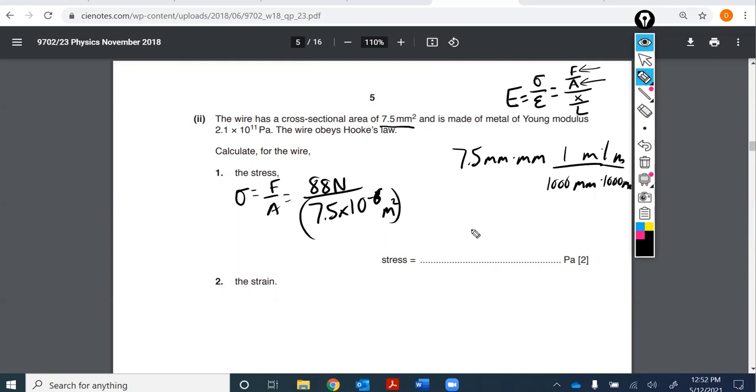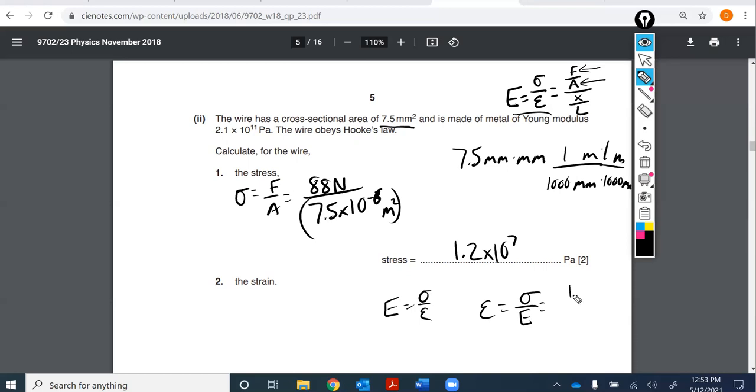So we've got 88 divided by 7.5 by 10 to the negative 6. This gives me a stress of 1.2 times 10 to the 7 pascals. And then if we use this equation up here that says Young modulus equals stress over strain, then the strain would equal stress over Young modulus.